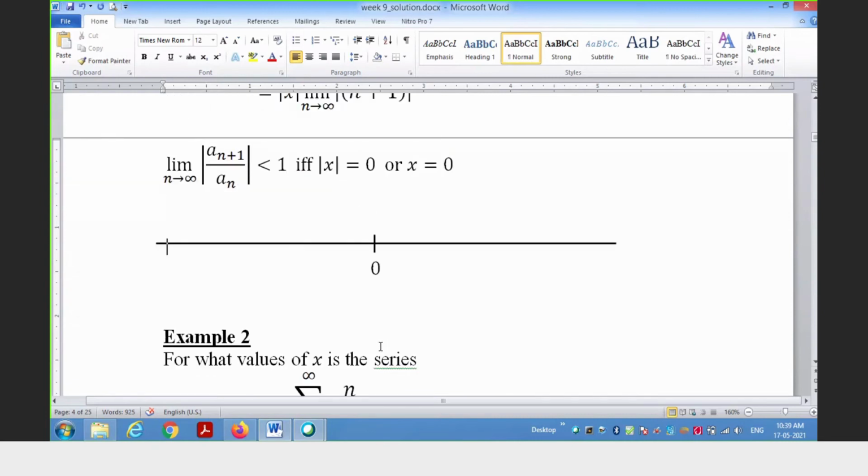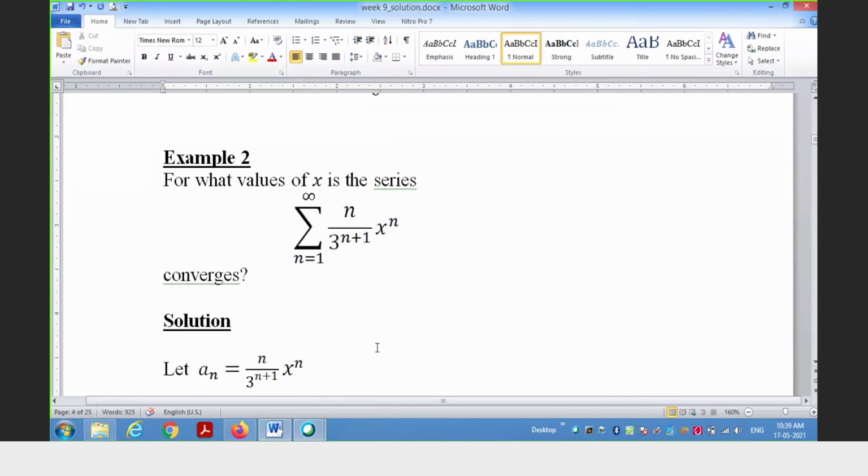Okay, we go to the second example. For what values of x does the infinite series, n over 3^n plus 1 times x^n, converge?